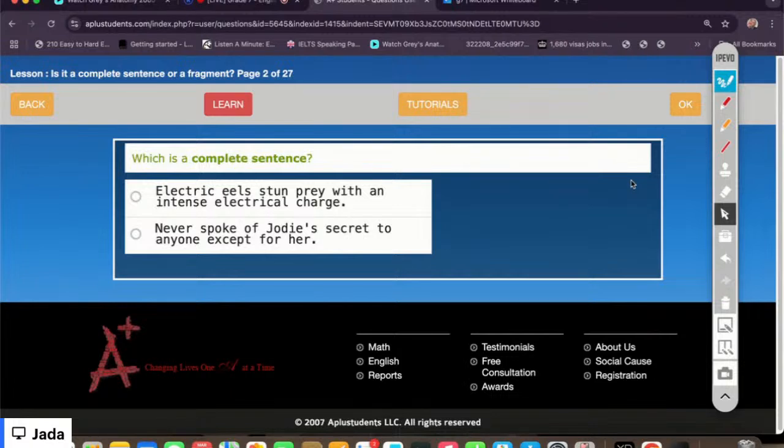So, which is a complete sentence? Electric eel stunned prey with an intense electrical charge. Never spoke of Judy's secret to anyone except for her. So, which is a complete sentence here?